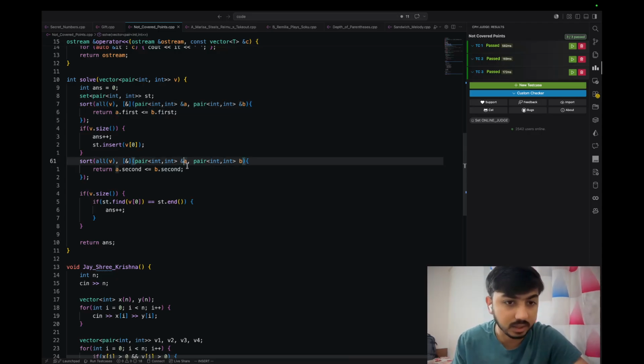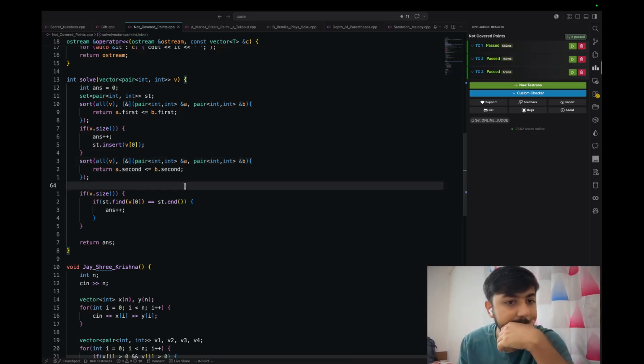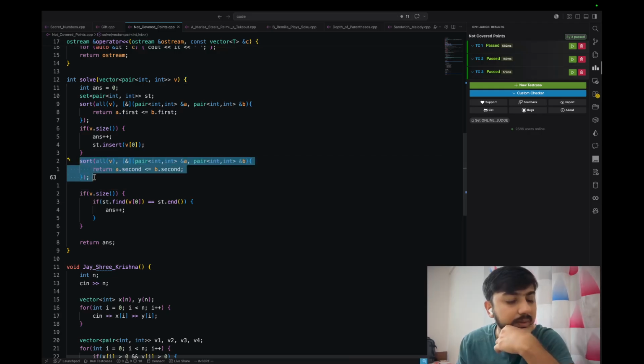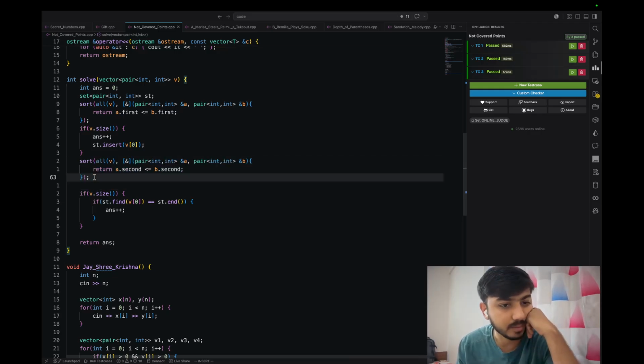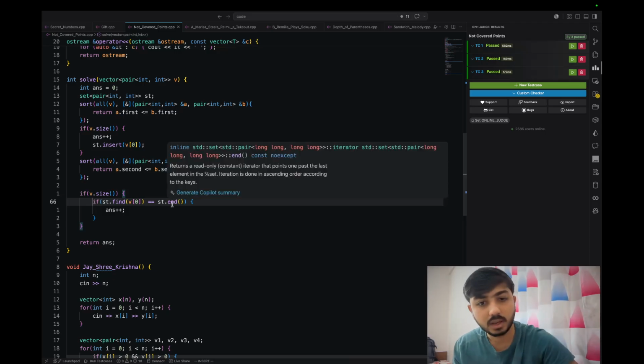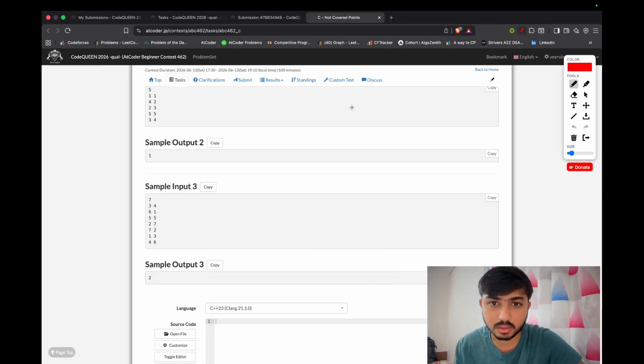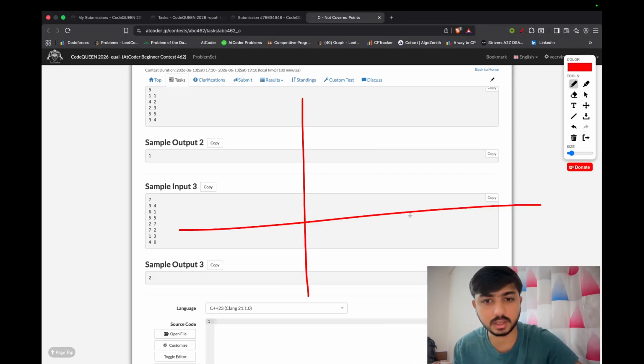But I'm getting wrong answer. You sort on the basis of the second element, and if that element is not present, then we again increase. In main logic, I am thinking it is still the same.